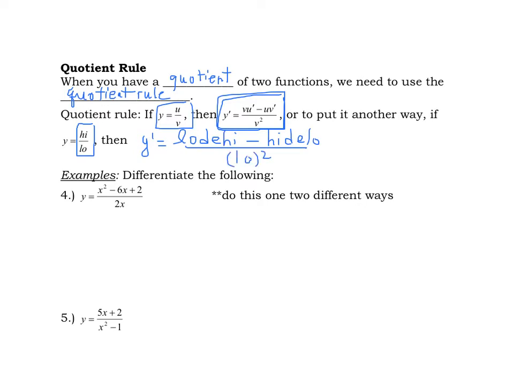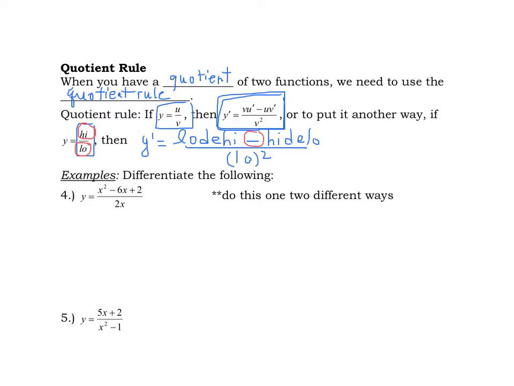So the low d high means you're going to write down what's down low and then multiply it by the derivative of what's up high. So d high is the derivative of what's up high, minus high d low, so we would write down what's up high and multiply that by the derivative of what's down low. Since we are subtracting, the order matters, and this is all over low squared.